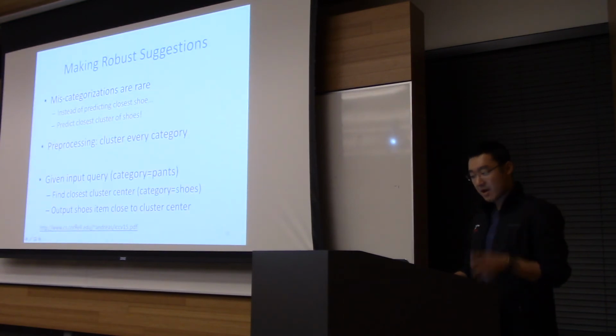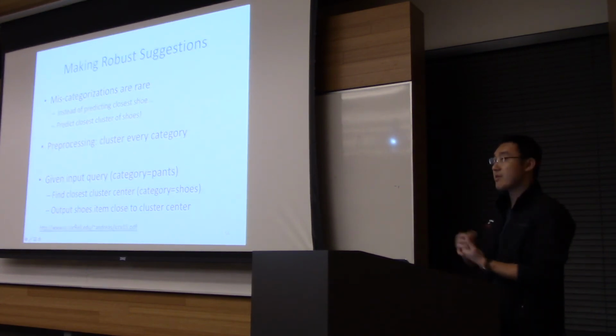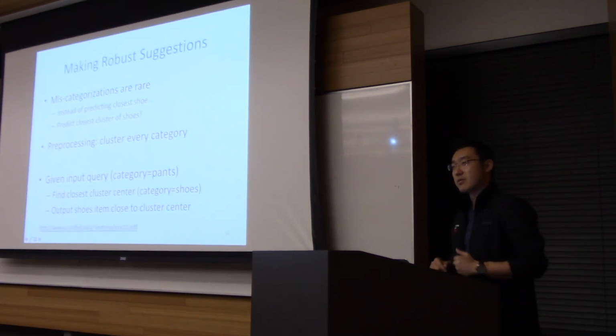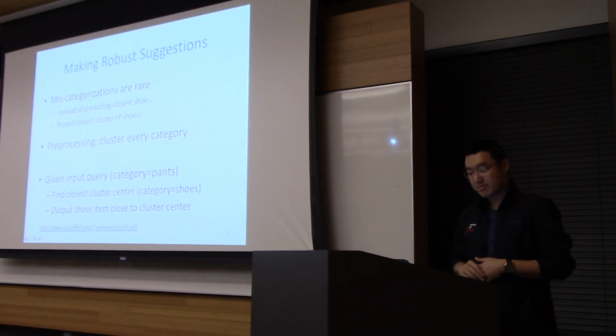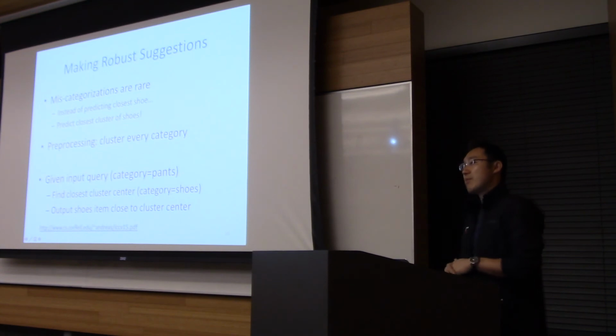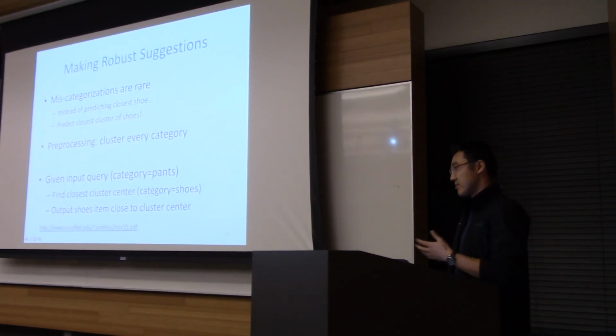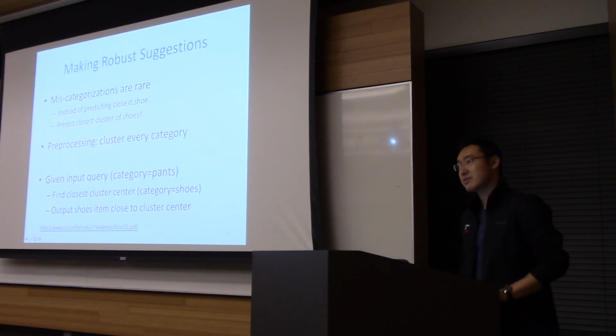So we'll cluster every category, and given an input query, find the closest cluster center of some other category to match with the input query. That's how you get the robust categorization recommendation that doesn't give you these weird outlier recommendations.